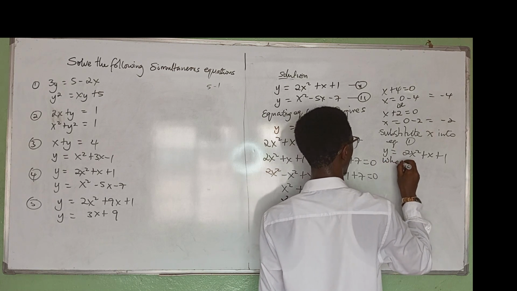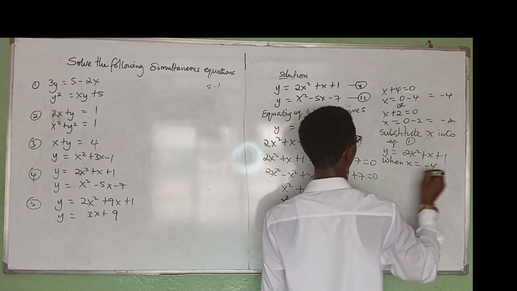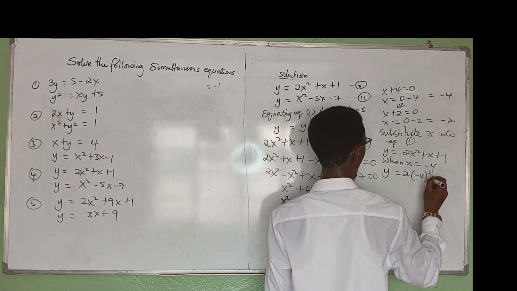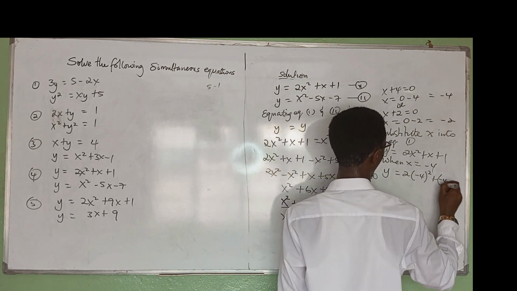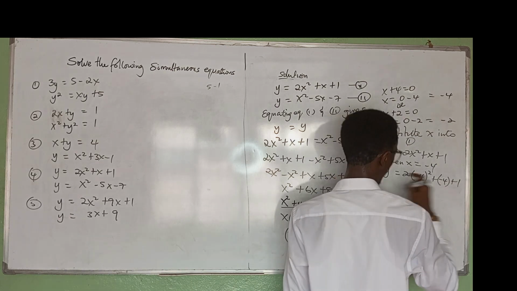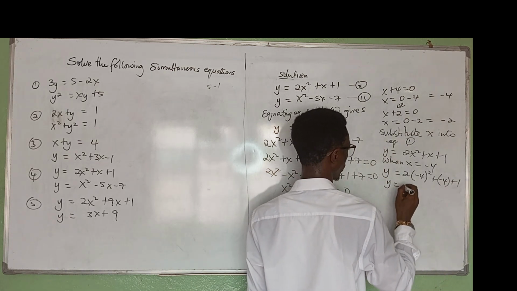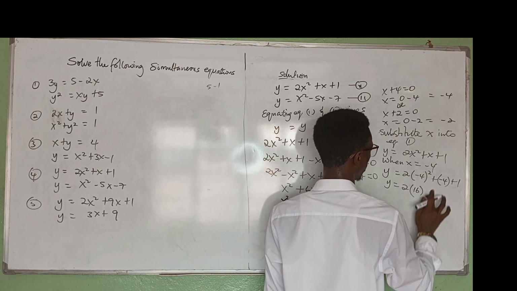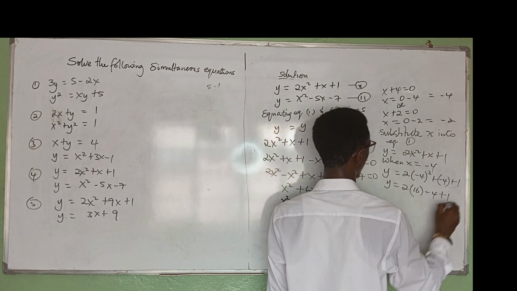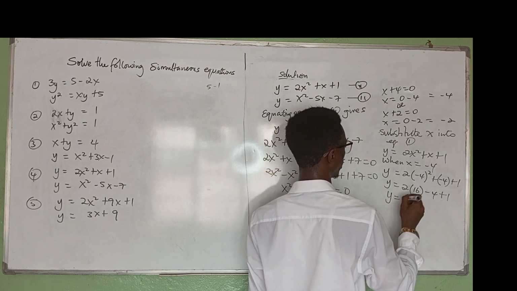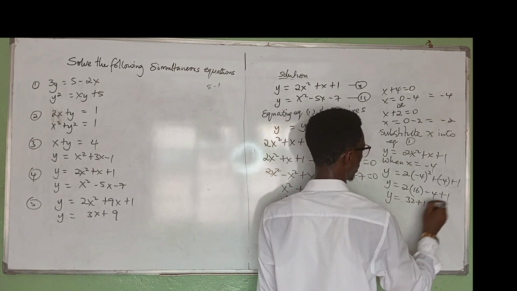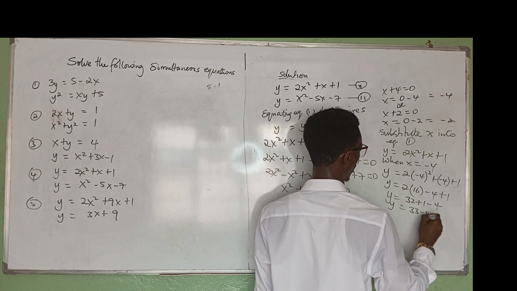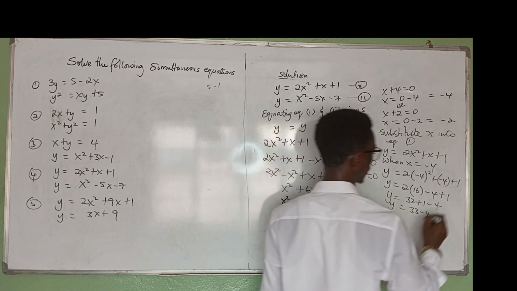So when x is minus 4, y is going to be 2 into minus 4 all squared, plus minus 4, plus 1. So y equals 2 into 16, which is 32, plus 1, minus 4. So y equals 33 minus 4, which gives you 29.